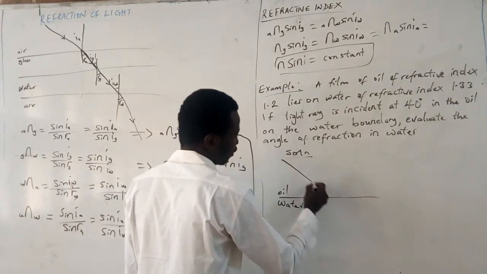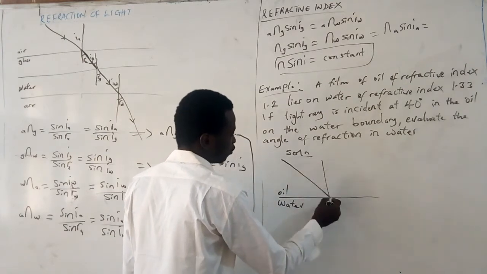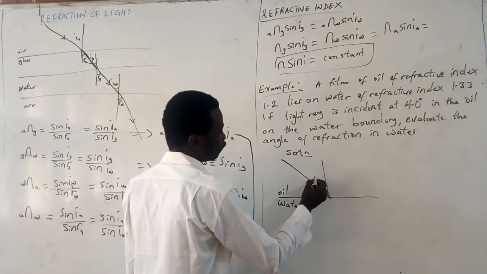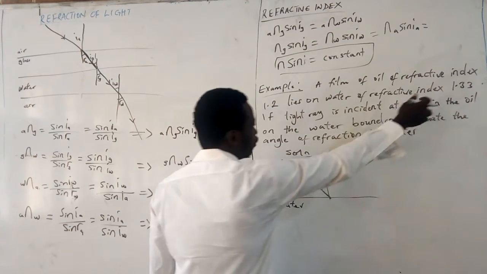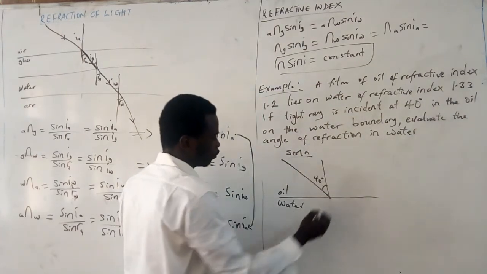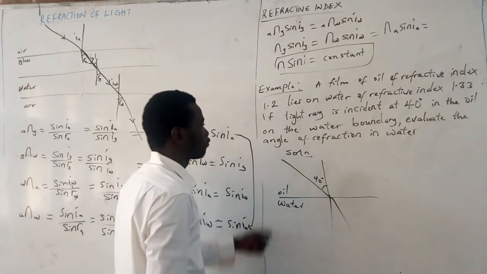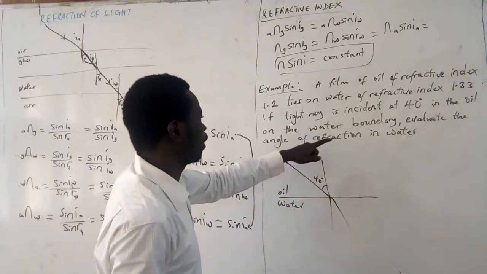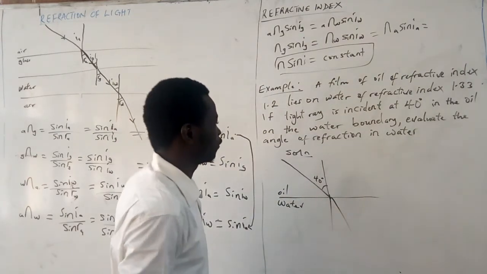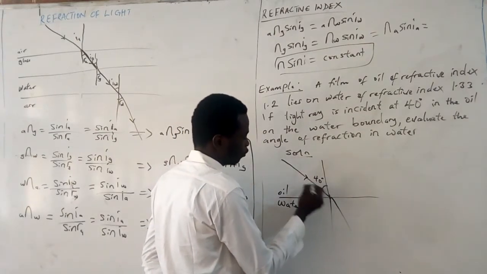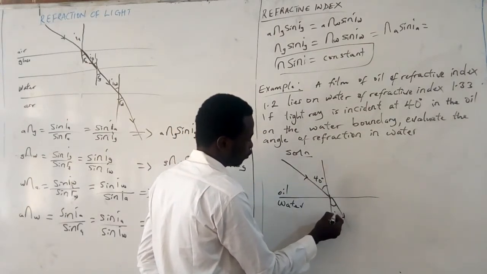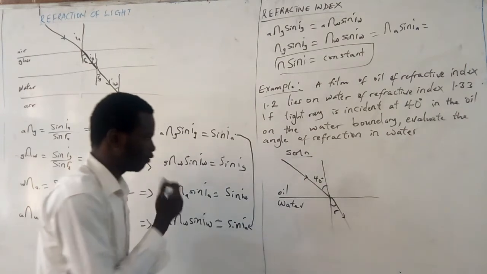Then light is incident at an angle of incidence of 40 degrees in the oil on the water. So we are asked to evaluate the angle of refraction in water. That is, we are looking for this R.